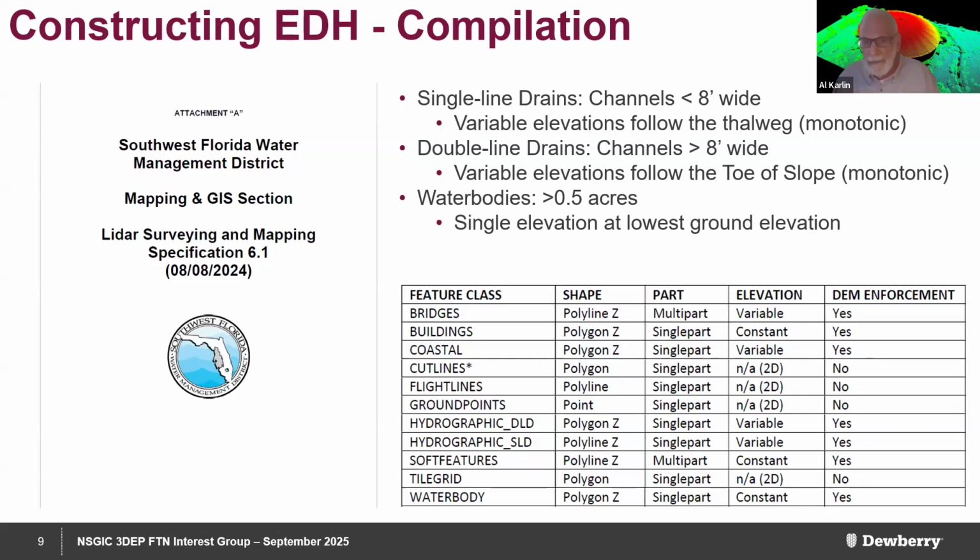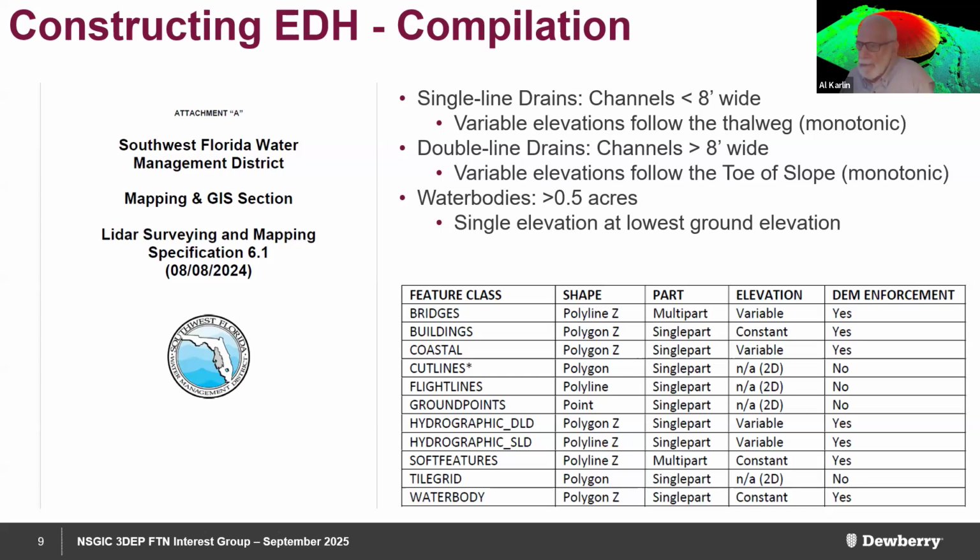For drains that are over 8 feet wide, we model those as double-line drains at the toe of slope. We also capture water bodies or islands in water bodies that are over half an acre, to the lowest ground elevation on those features.